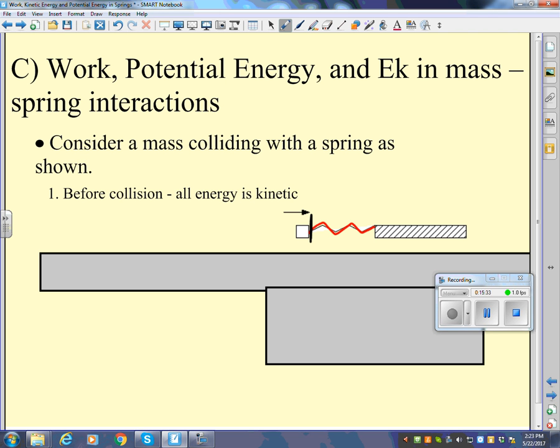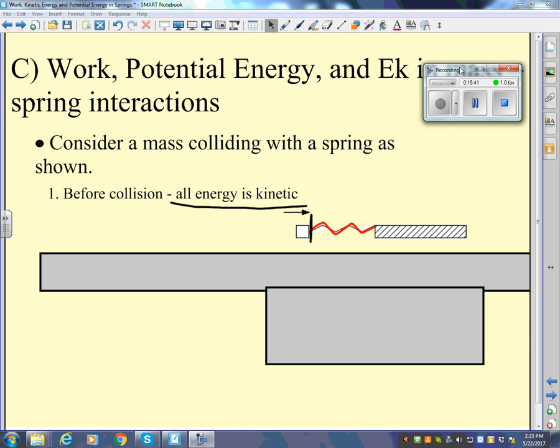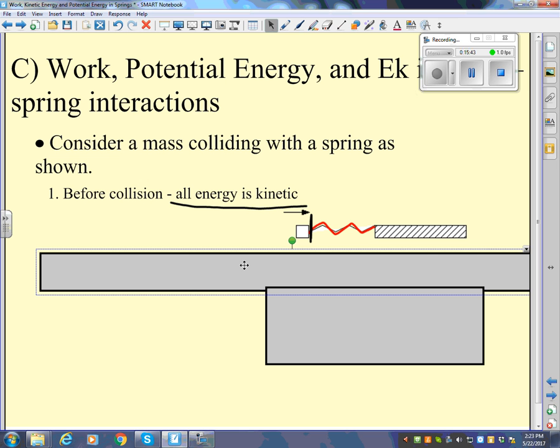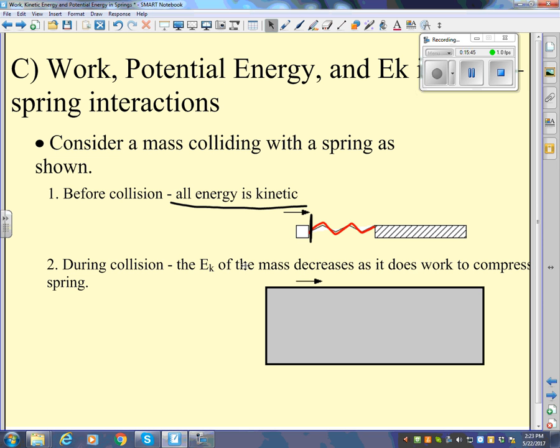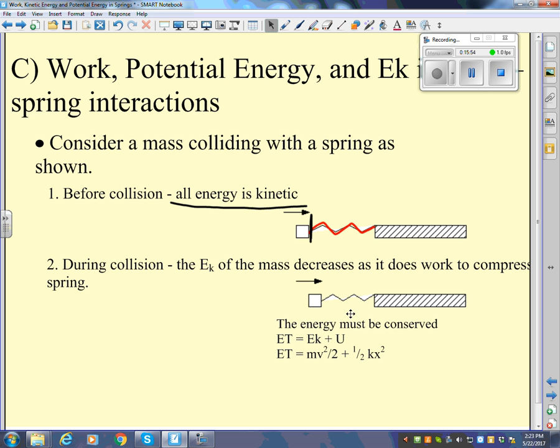So before the collision, all of the energy is kinetic. It's just touching the spring. The spring has done no compression just yet. During the collision, the kinetic energy of the mass decreases as it runs into the spring. It slows down. The kinetic energy of the mass decreases as it does work to compress the spring.